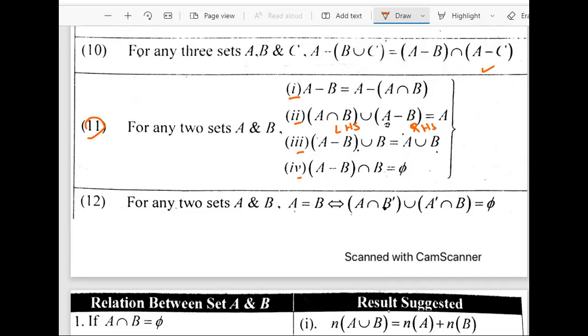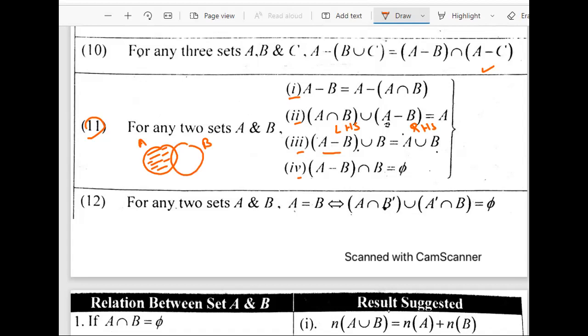Again, we have the left hand side and the right hand side. On the left hand side, we have (A minus B) union B. What do we understand by A minus B? This is A and this is B. When I say A minus B, it is every element of A except those elements of A which are coming in B as well. So I will shade all of A except A intersection B. And what do I have?